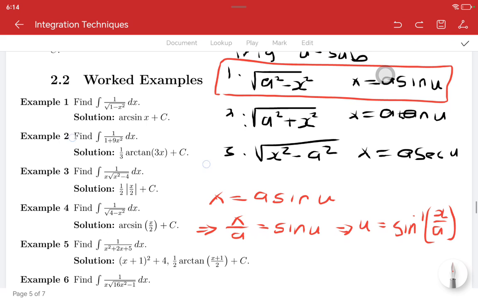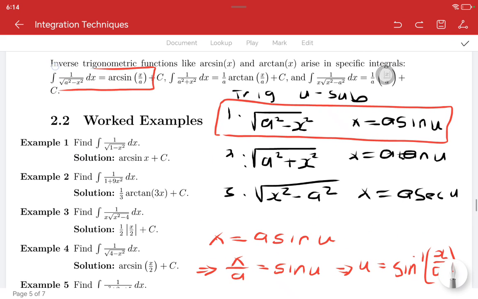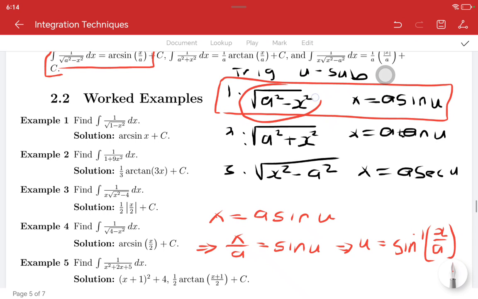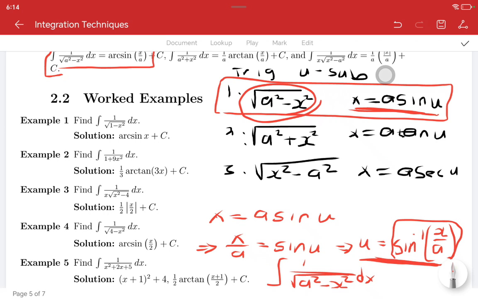If you forget this theory, you can just come and derive it. I know that if I integrate 1 over the square root of a squared minus x squared, I'm going to get the arc sine. So this is what you're going to get.